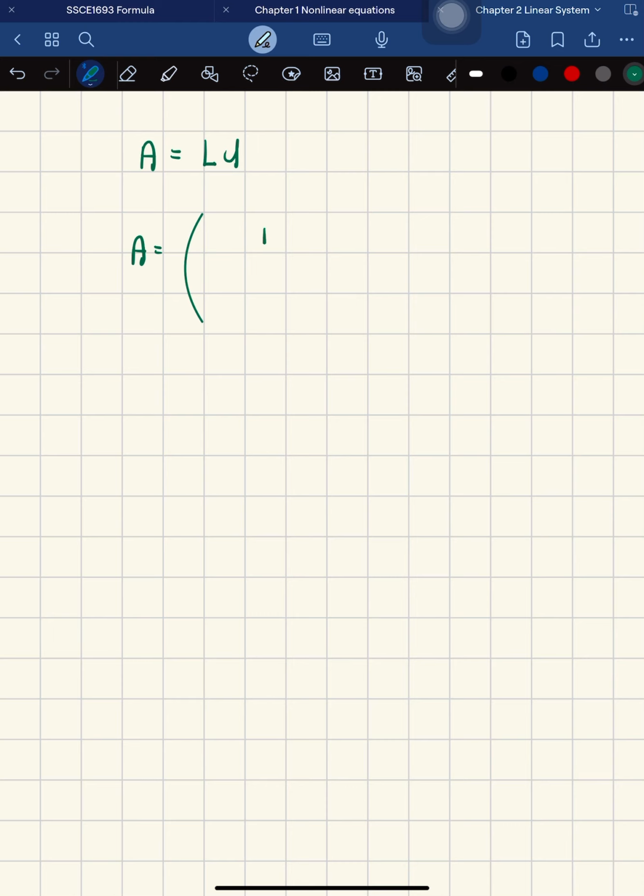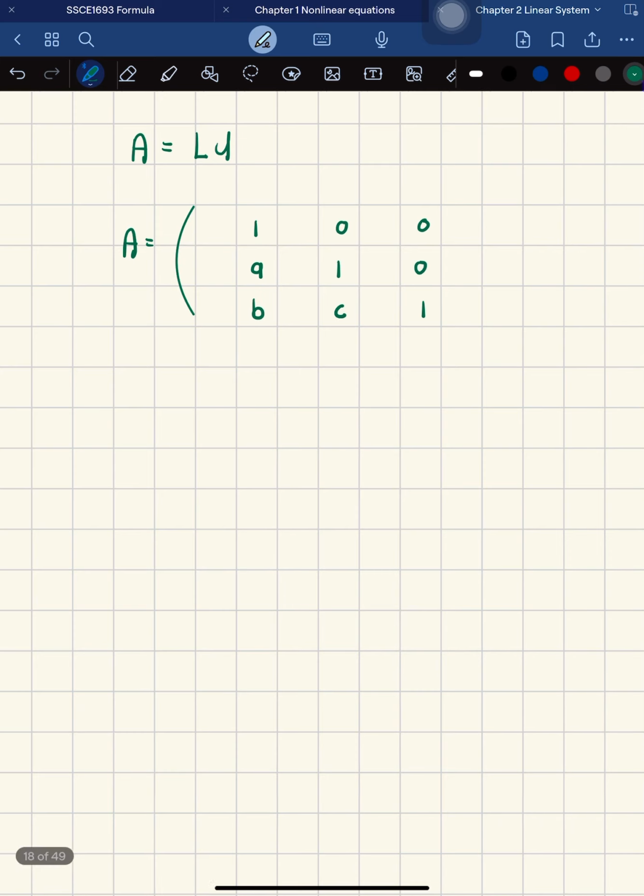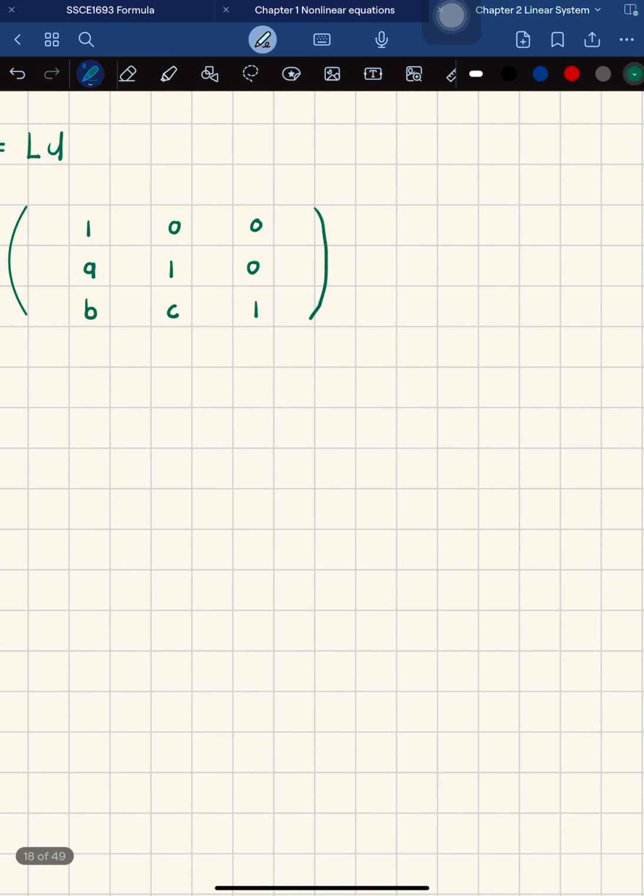The diagonal must be equal to 1, and the upper part is 0. The lower part can be A, B, and C. Okay, so this is L, and for U, the other numbers can be D, E, F, G, H, I, and the other elements will be equal to 0.